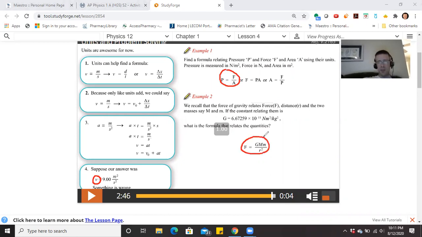The purpose of showing you these is not to scare you into thinking, oh, I got to know these formulas already. The purpose of these formulas being thrown at you right now is to help you understand how the math works, how the units will actually match up with the quantities that we're trying to calculate. So I hope that's comforting to you.